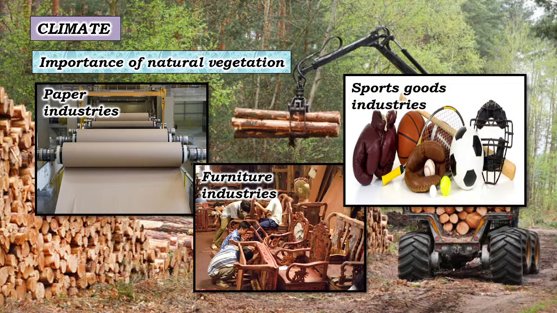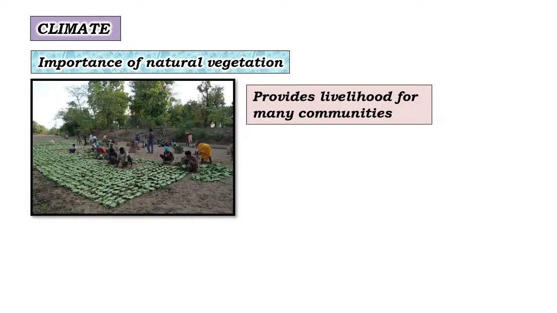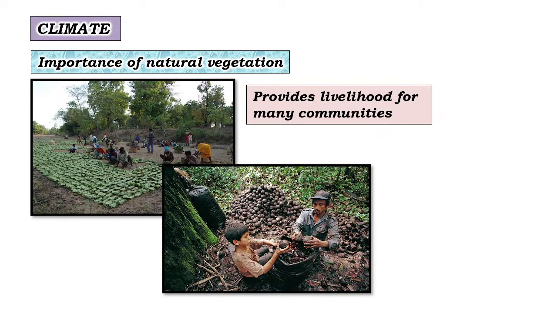Furniture, sports goods. Okay. Tell me, Jammu and Kashmir is famous for which sports good? Yeah. Cricket bats. Okay. Cricket bat, remember that and just check which wood it is made up of. Yes. Willow tree. Okay, it is light and also strong.